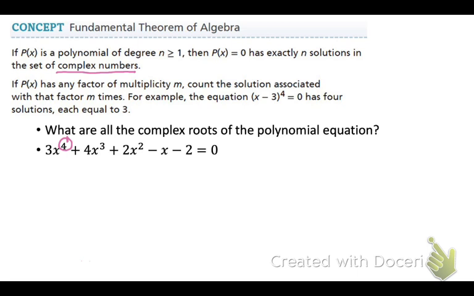There's 4 zeros, 3 turning points because the 3 is 1 minus. So the fundamental theorem of algebra is saying whatever the degree of the polynomial is, that is how many zeros it has. That's it. Okay, so what are all the complex zeros of this polynomial equation? The first thing I would do is give my PRZs.